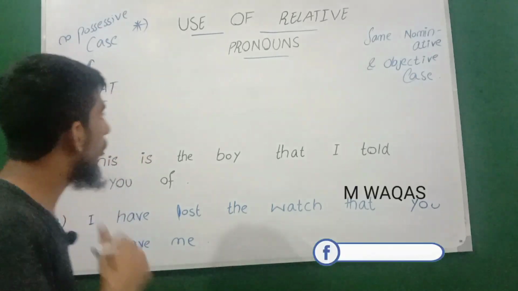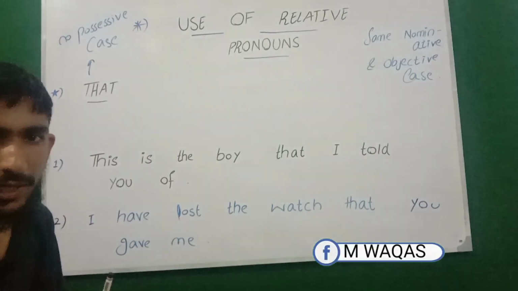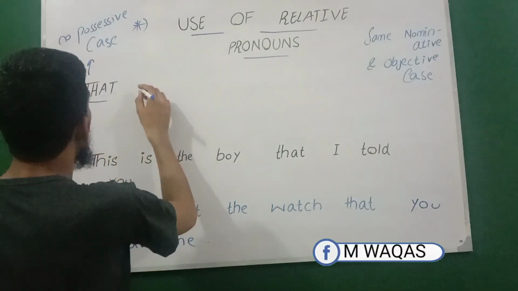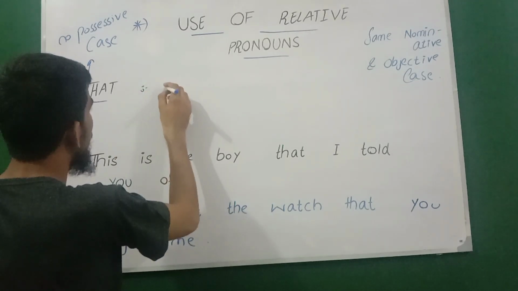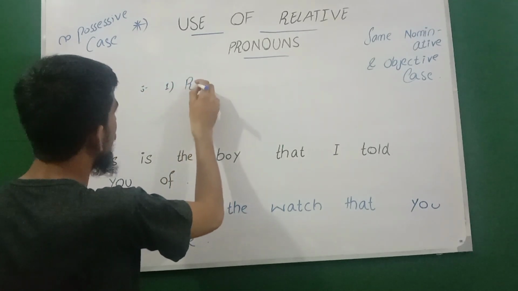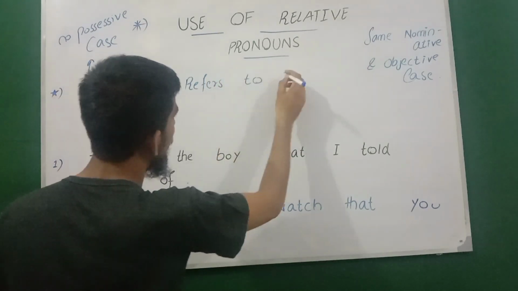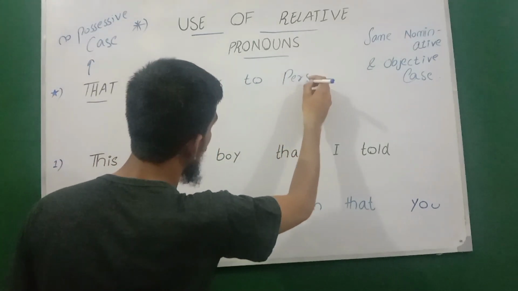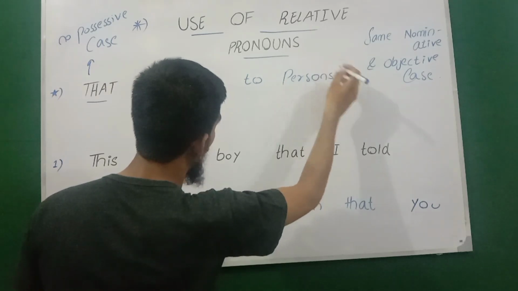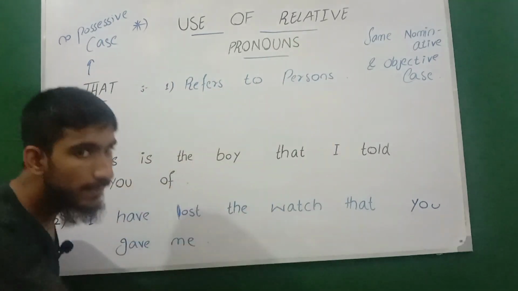Now look at what the native writers have written in their book: "that" refers to two things. The first usage of the relative pronoun "that" is that it refers to persons.